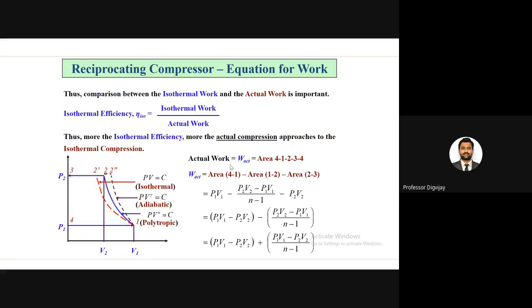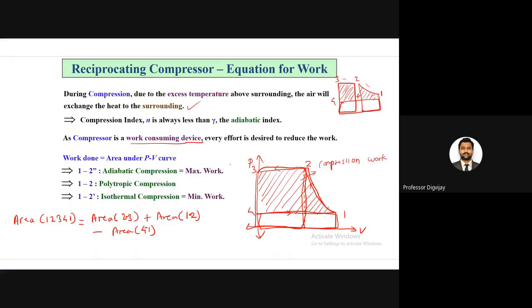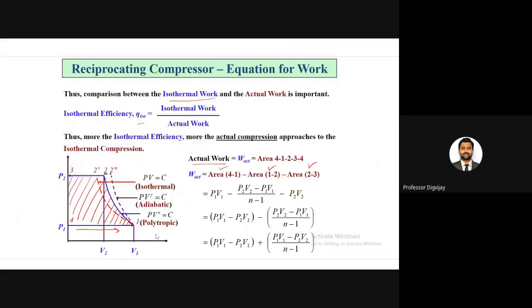Now see, a very interesting part has come here. In this case, I have taken these two areas minus area 4 to 1. And in the theory part or in the book, they have shown area 4 to 1 on the plus side and minus these two areas. What is the difference, or which one is correct? Both are correct. See, compression work is always negative. So if you go by this equation, this will give you a negative value.